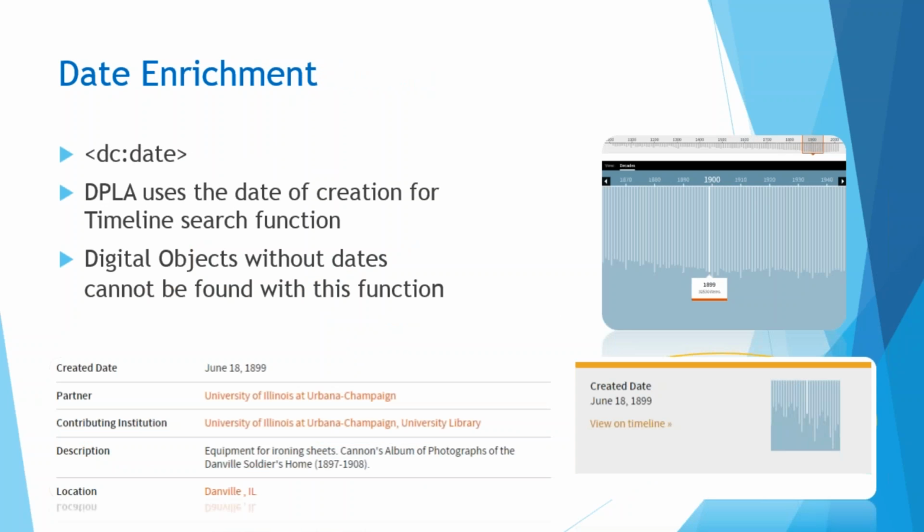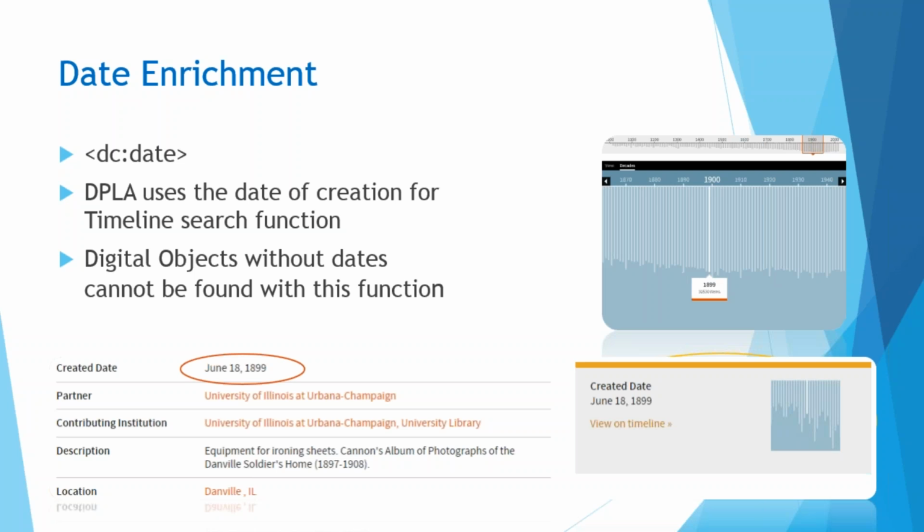So next we have date enrichment. DPLA enriches metadata in the DC date field to make items searchable in the timeline search function. The enrichment only uses the first date in a date range and will only use the first date in a group of dates in the resource metadata.